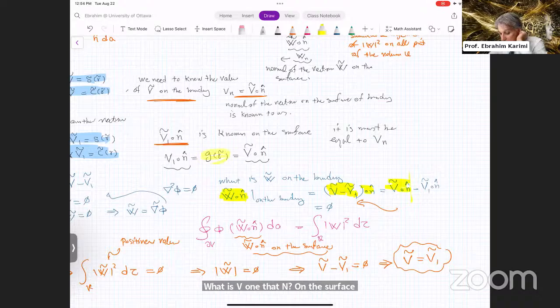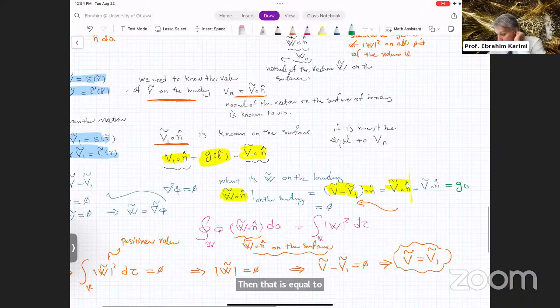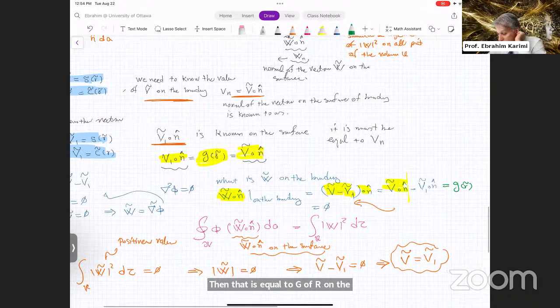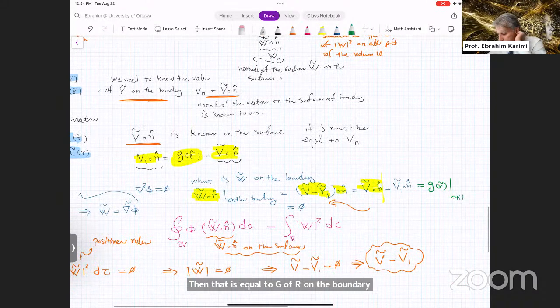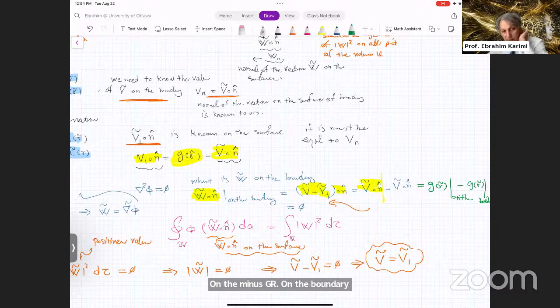It is the same function for V and V1. Then that is equal to g of r on the boundary minus g of r on the boundary. That's the reason.